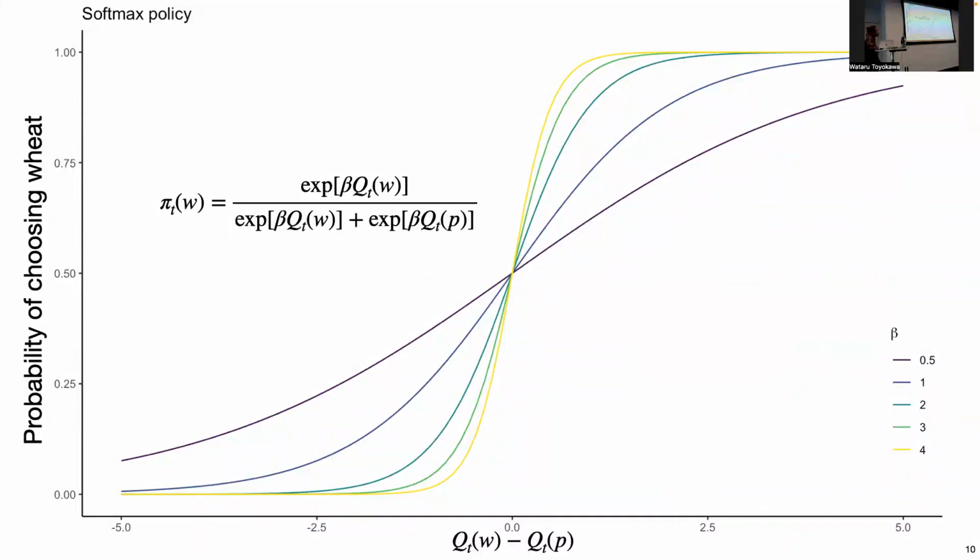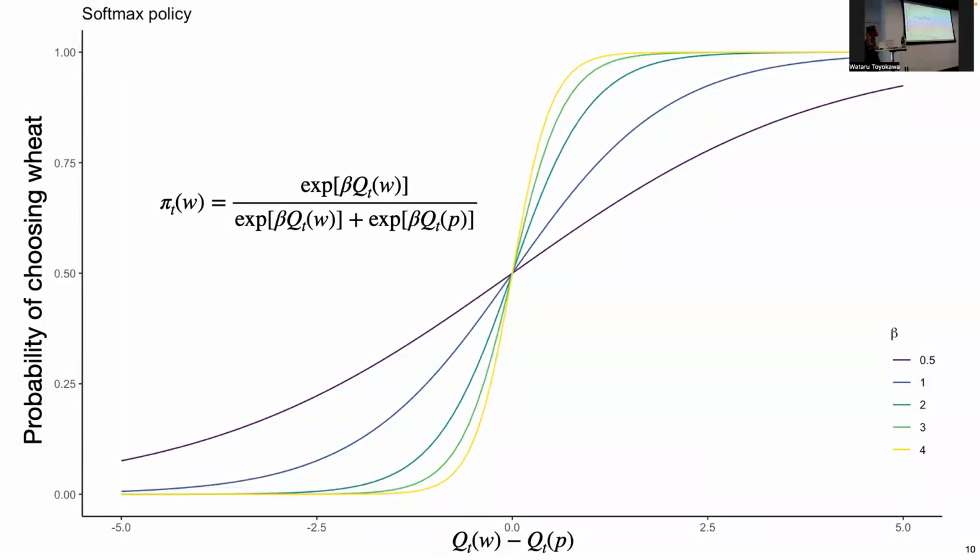For example, when beta is very large, shown by this yellow-green curve, the x-axis is the difference in Q values and the y-axis is the choice probability.